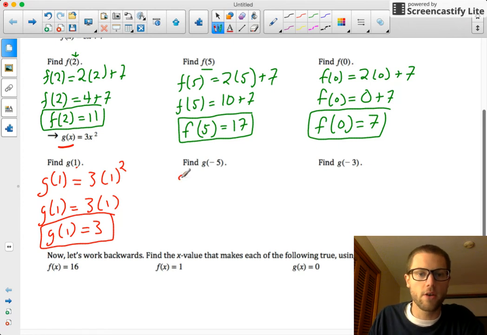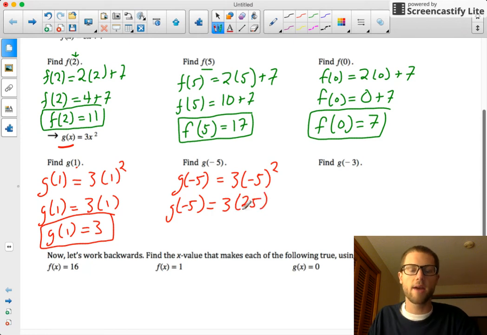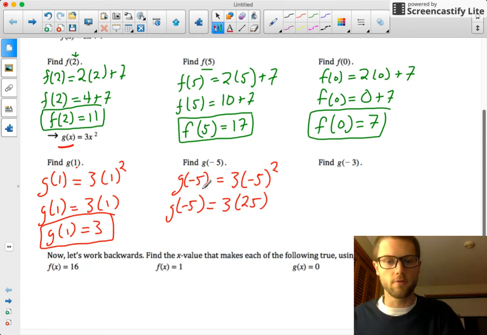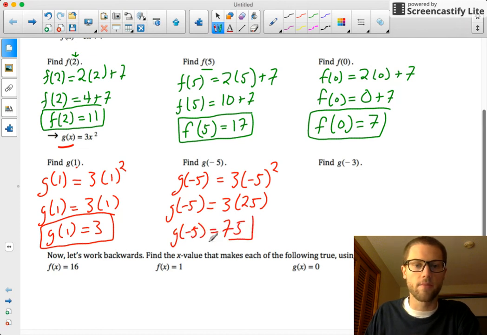All right, for this one here, g of -5, I substitute in -5 for x, and I get 3 times -5 squared. If I follow my PEMDAS here, I have to square this -5 first. And a -5 times a -5 is going to give me a positive 25. So g of -5 will equal 75.